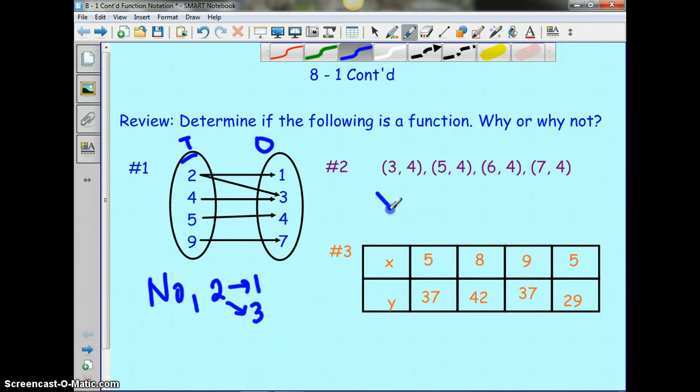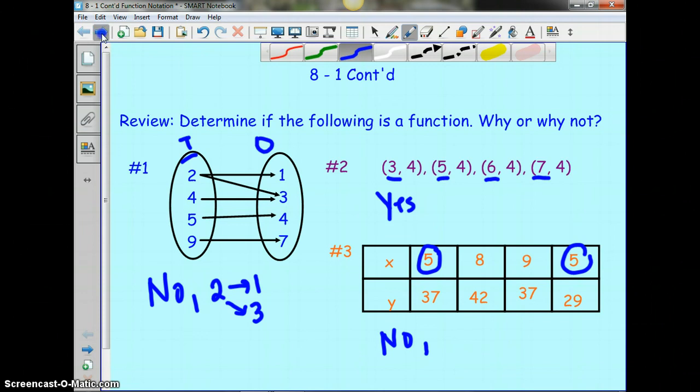Number 2 is yes, it is a function because the x's do not repeat. Number 3, it is not a function because if you look, 5 goes to 37, it also goes to 29, so it is not a function.